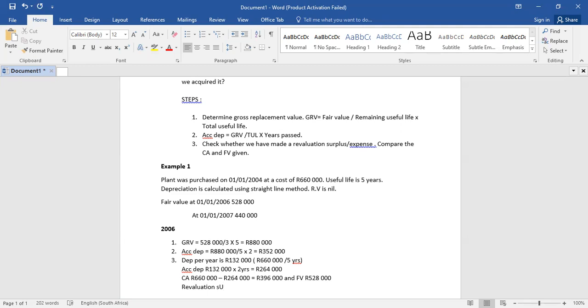Remember ukuthi if fair value inkulu ne-carrying amount uyenza i-revaluation surplus. Imalini i-revaluation surplus yethu? Nisangizwa kodwa?